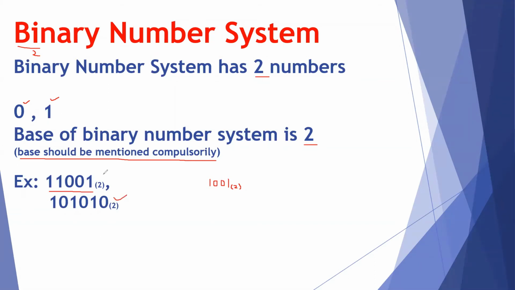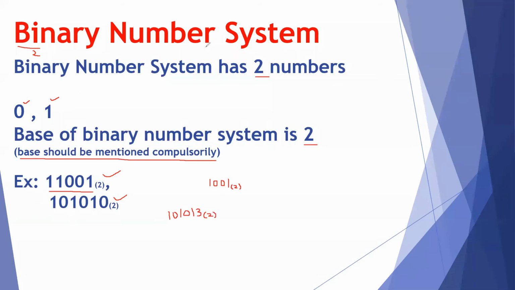Now we can take one more example where I'm going to write 1, 0, 1, 0, 1, 3, base 2. Is it a binary number?